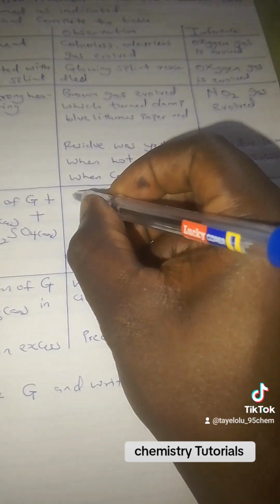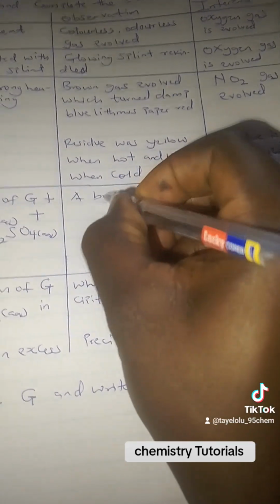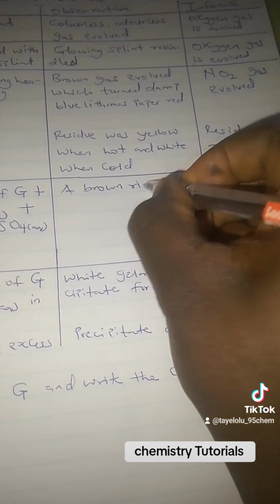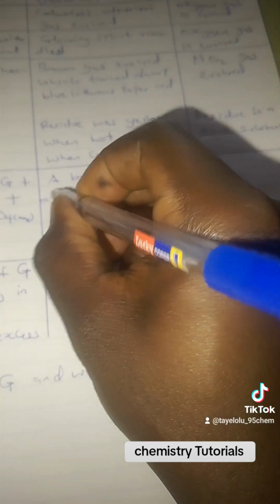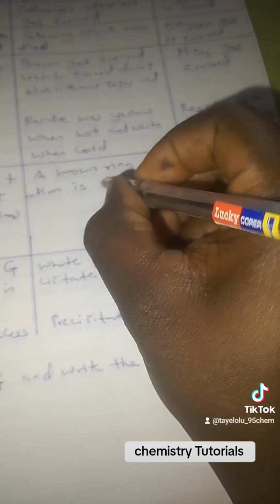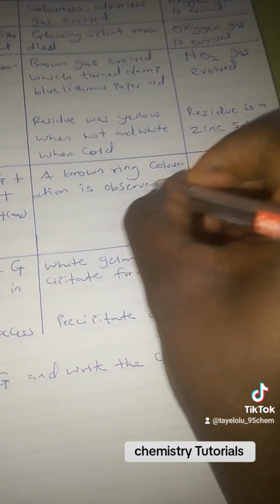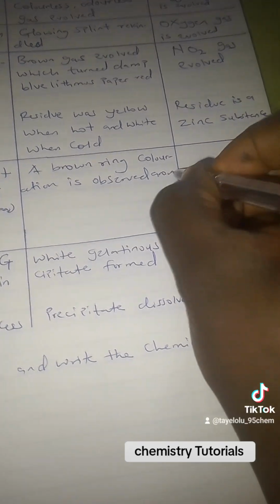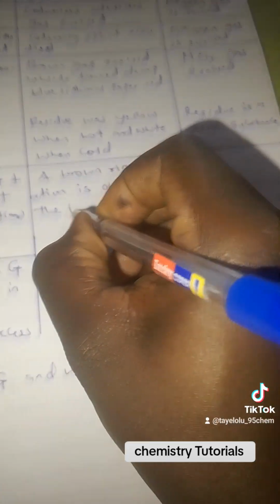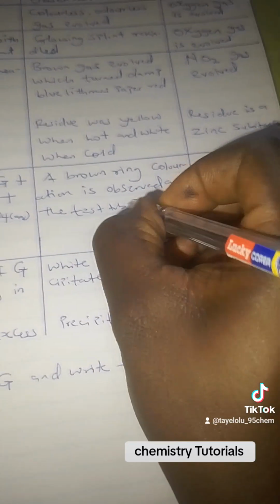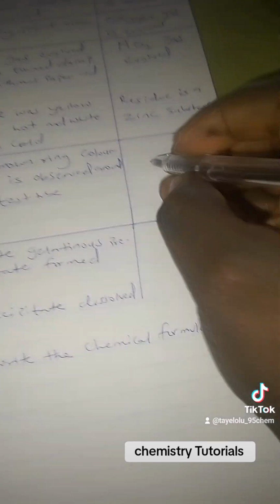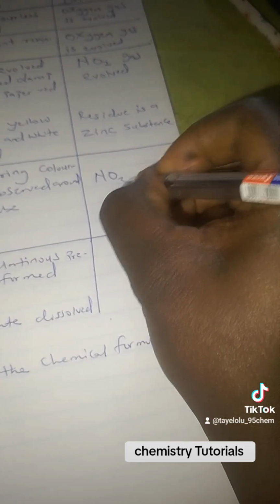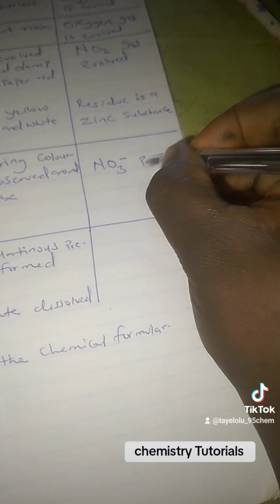So definitely the observation here will be a brown ring coloration is observed around the test tube. So the anion that is confirmed is the presence of NO3 minus.